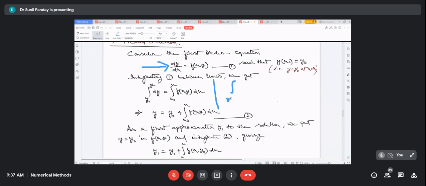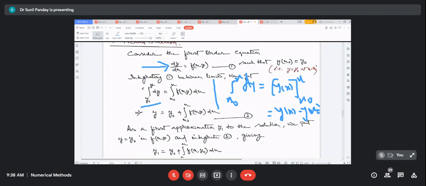You are integrating with respect to x from x naught to x on the left also, but you know that y is a function of x, so its integration is y of x from x naught to x, which is y of x minus y of x naught.